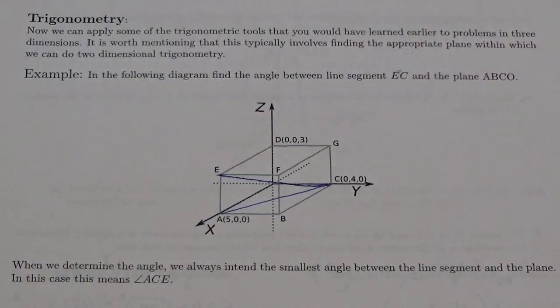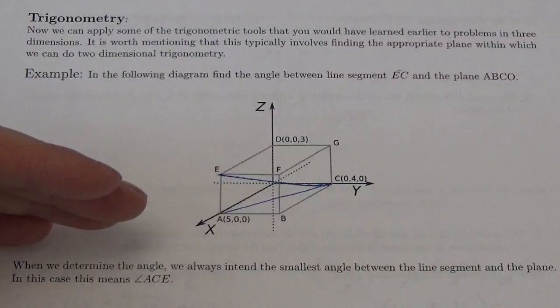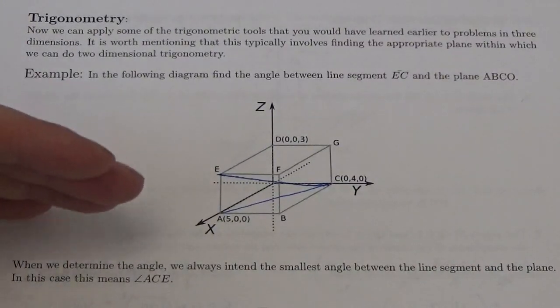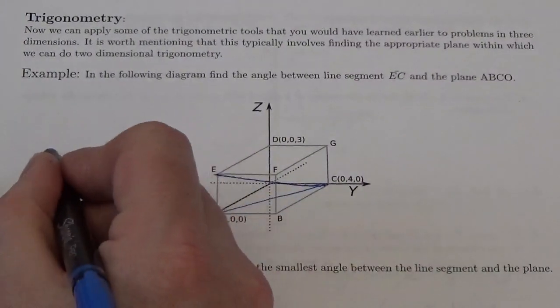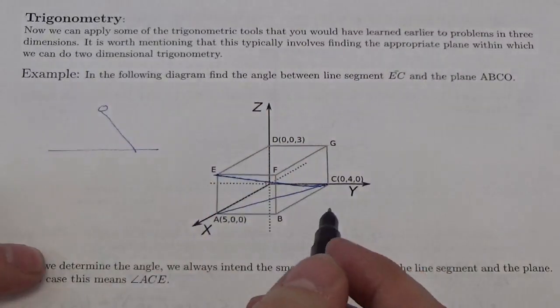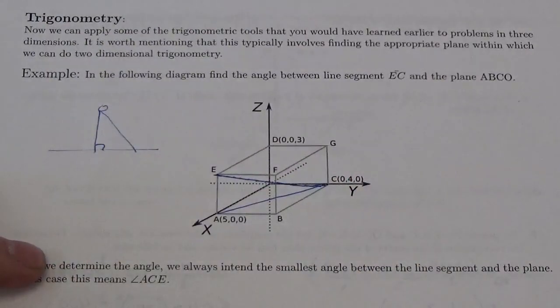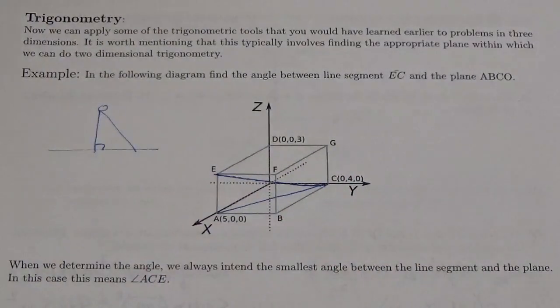Think about it like this: if you're standing in front of a wall and I ask you how far the wall is away from you, you don't go off at an angle and measure the distance like that. You go right to the wall.